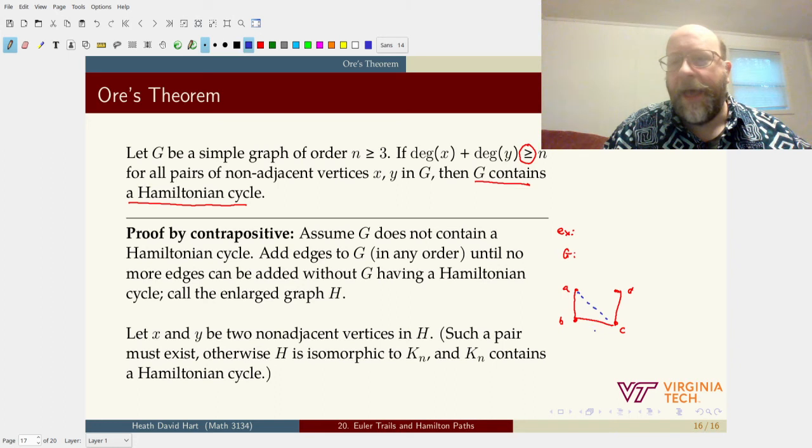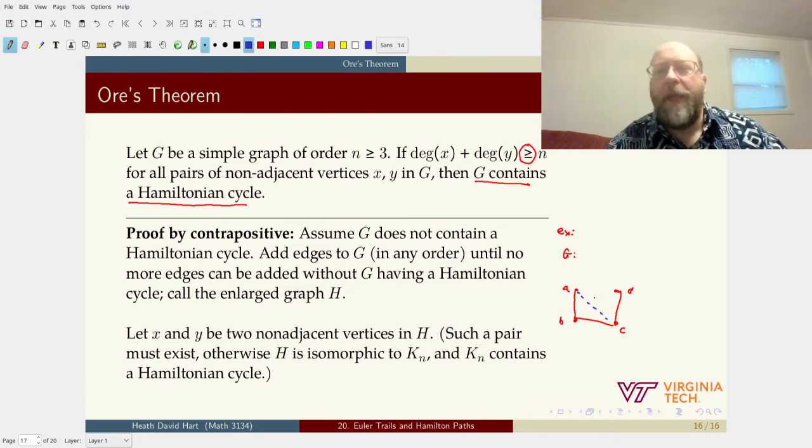Can I add? No, that would be it. But I could add an edge and still not have a Hamiltonian cycle. So that's what we're asking to do here.